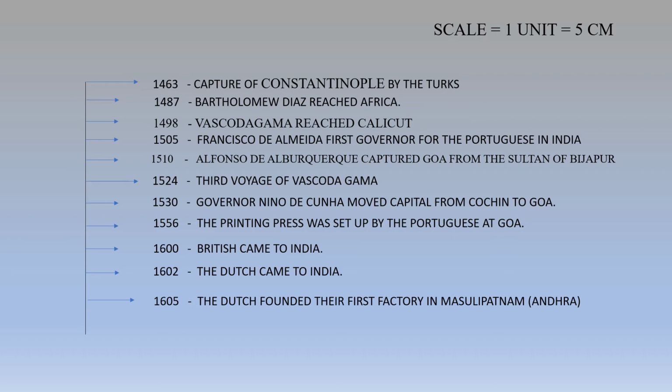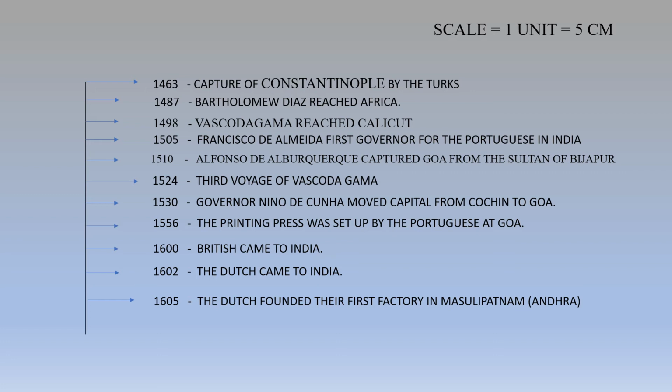And the second point is you have to write the scale, 1 unit equal to 5 centimeter. This is the standard scale for all timeline charts. And the third point is you have to write the years. Whatever years they have given, you have to write in order. Understood, children? Yes. It is very easy to learn the timeline chart if you know the incidents.